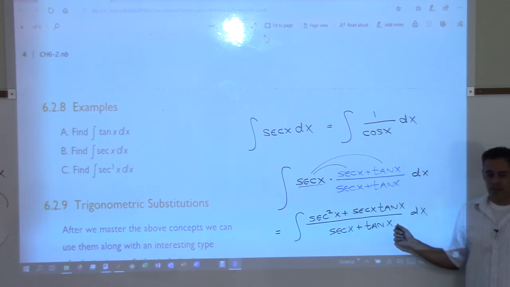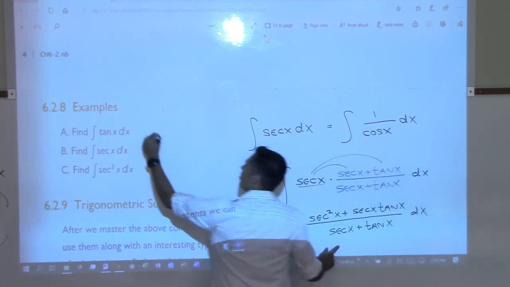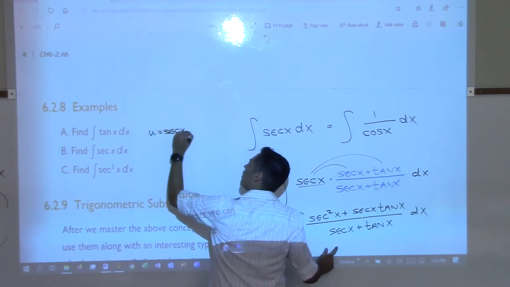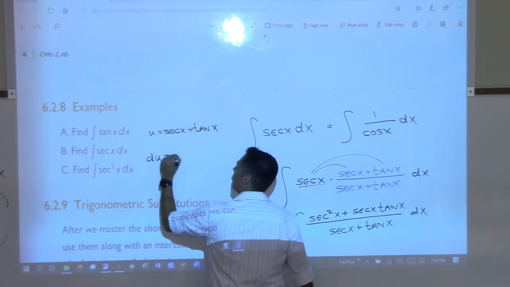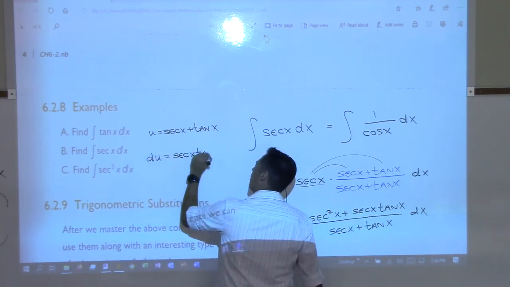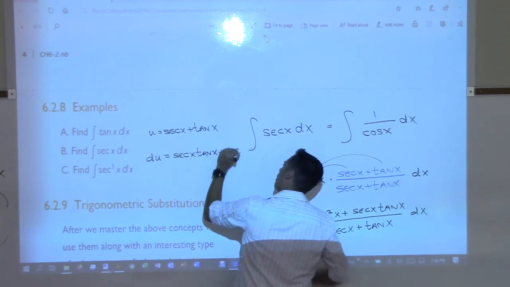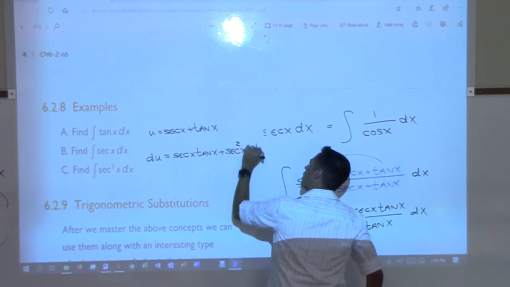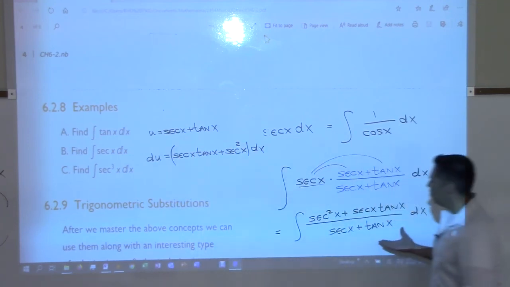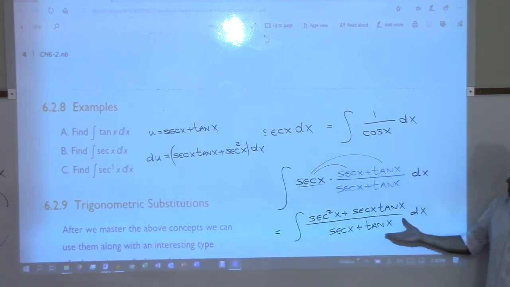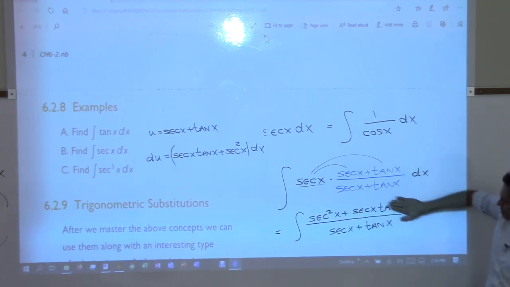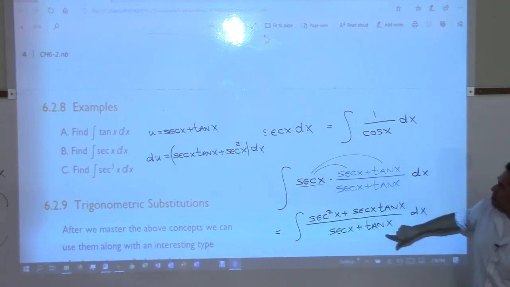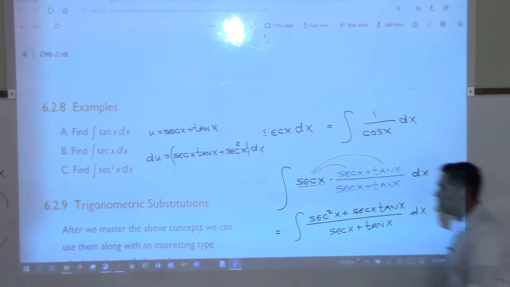So if you let u be the bottom, the derivative of that, du, is exactly what we have on top. It's in a different order, but it's the same thing. Do y'all see that? So what does this integral become? Integral of 1 over u du, because all of this up top is du, and then this on the bottom is u.